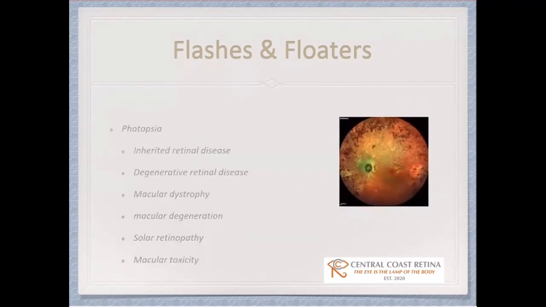A different type of flash that patients might describe is a single sparkle of light that goes away. Those are actually related to apoptosis of photoreceptors, and it's usually associated with much more severe retinal disease. A lot of these patients have things like retinitis pigmentosa or other genetic inherited retinal disease, some form of degenerative retinal disease, or toxicity.